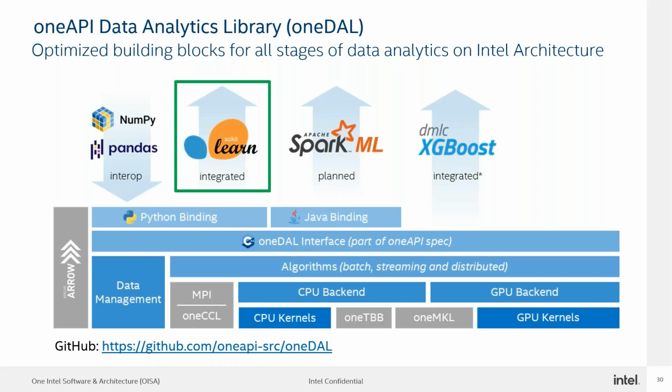For distributed multi-node calculation, we use OneCCL or Intel MPI as the backend to speed up the communications among multiple calculation nodes. Based on these fundamental libraries, we can divide the backends of OneDAL into a CPU backend and a GPU backend.